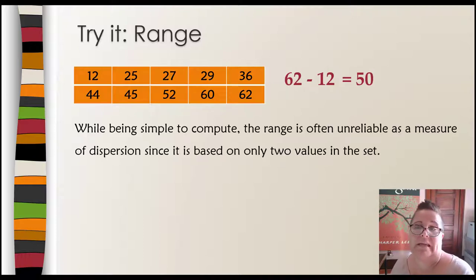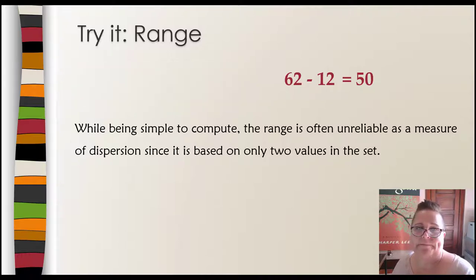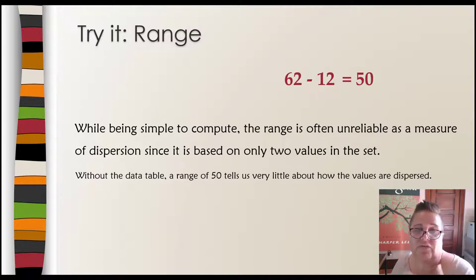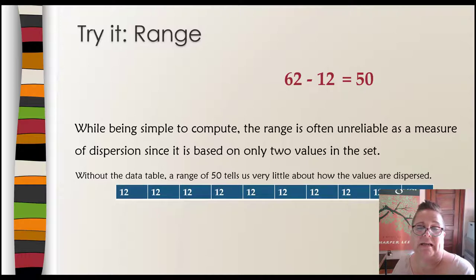This is really easy to compute, but, however, it is not often reliable as a measure of dispersion. It doesn't really give us much of a story. It's based on only two values in the set. So, the range of 50 tells us very little about how spread out the data is.